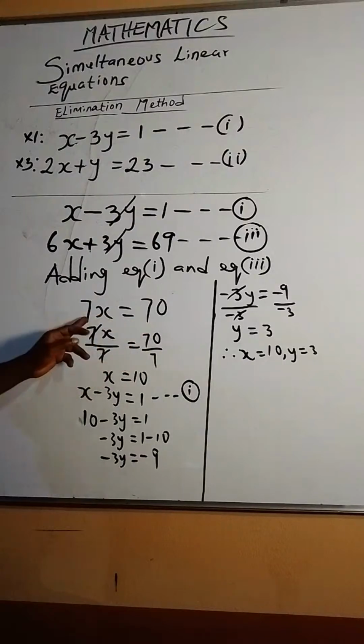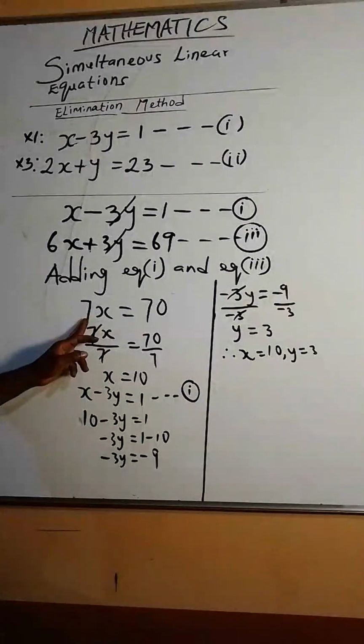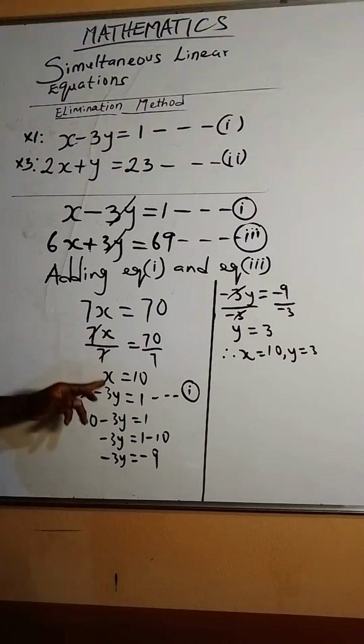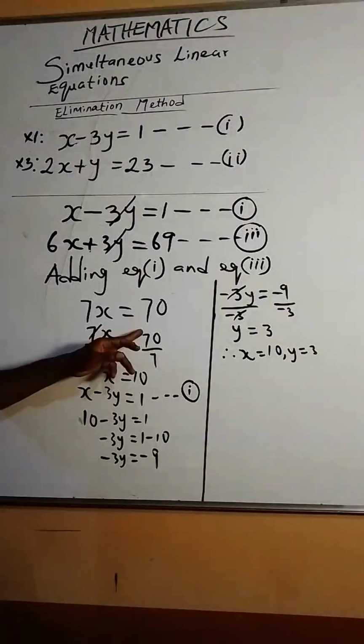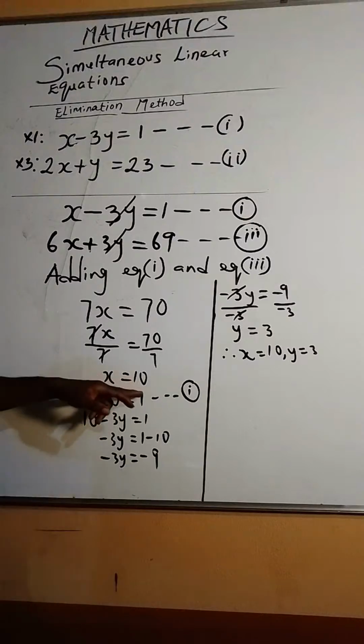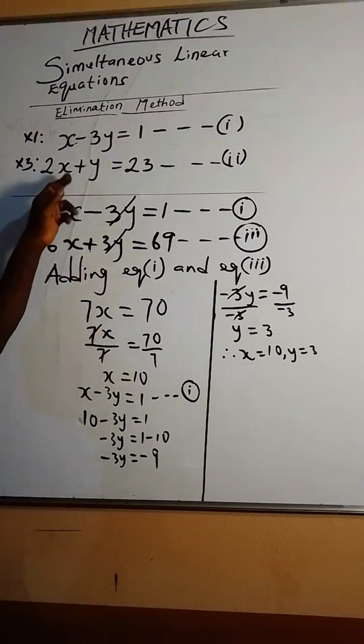Then we can divide both sides by 7, since we have to find the value of x at this stage. When we do that, 7 cancels 7, and we are left with x equals 70 divided by 7, which is 10. So that is the value for x in these equations.